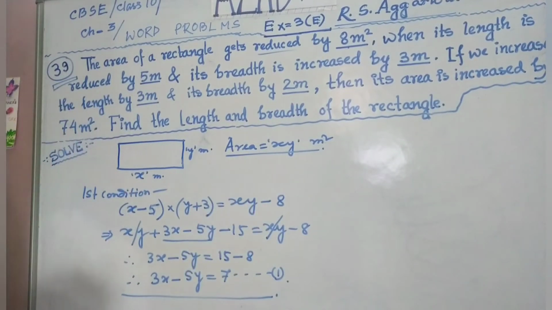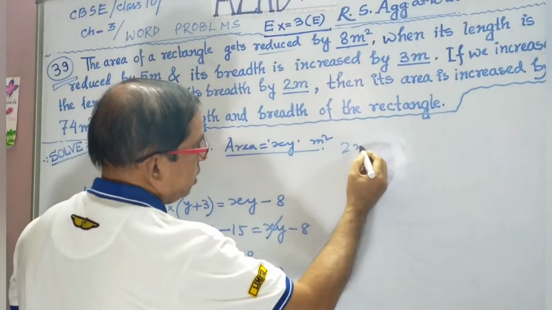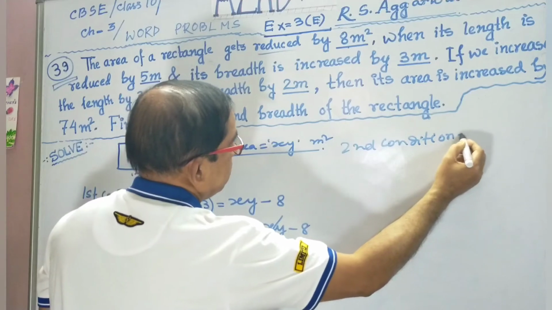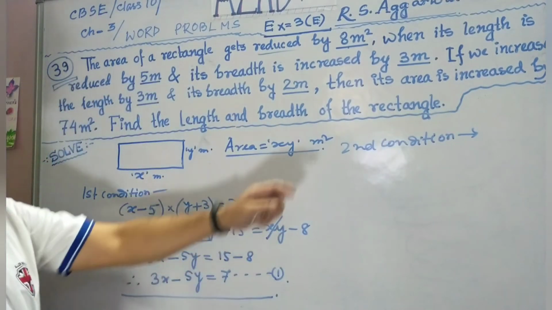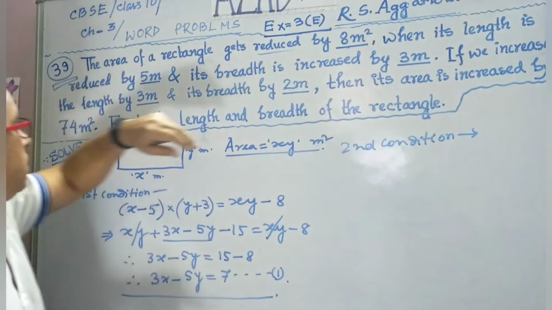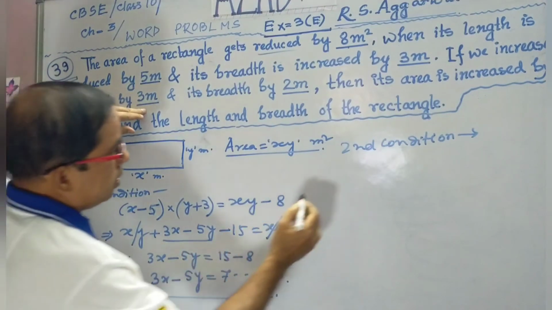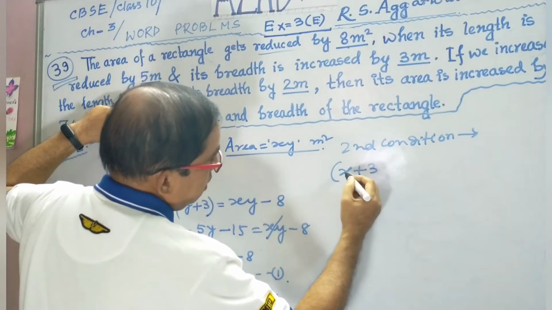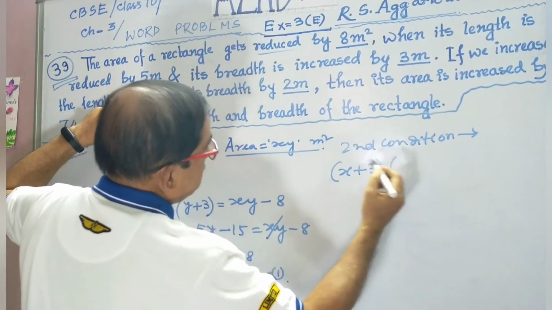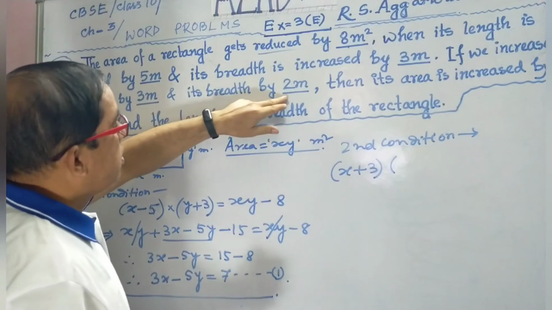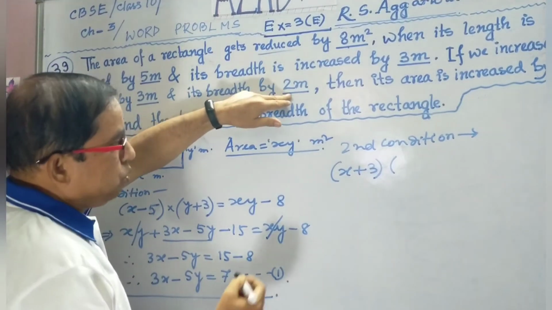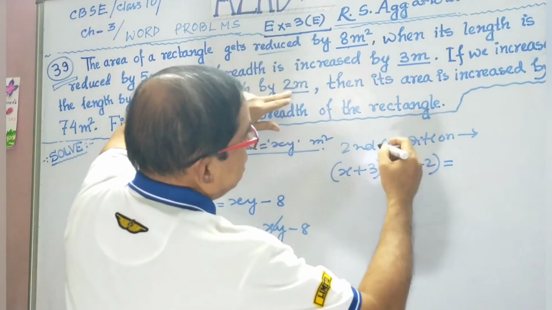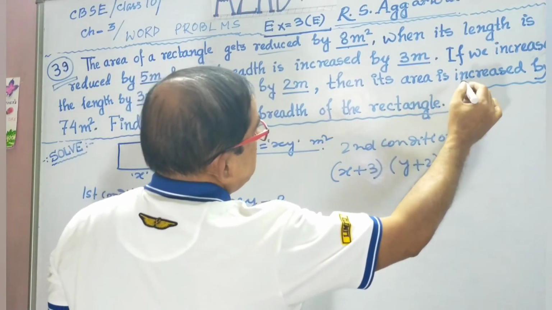Now, see the second condition. For second condition, we can write, see here, if we increase the length by 3 meter, length is increased, that means length x plus 3, and breadth also increased by 2, that means y plus 2, then its area is increased.